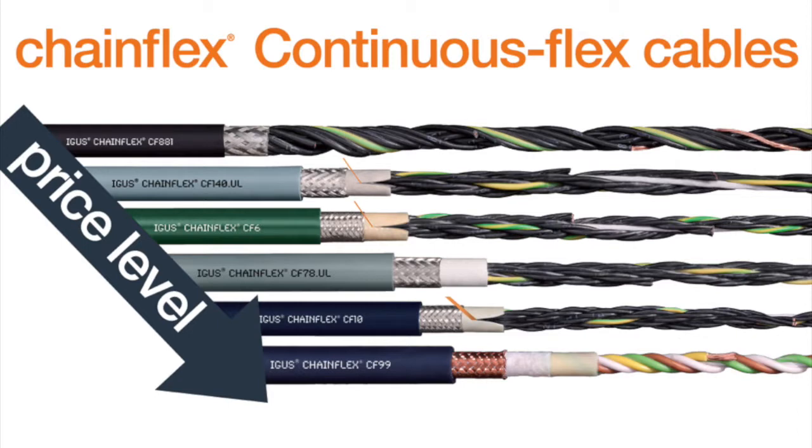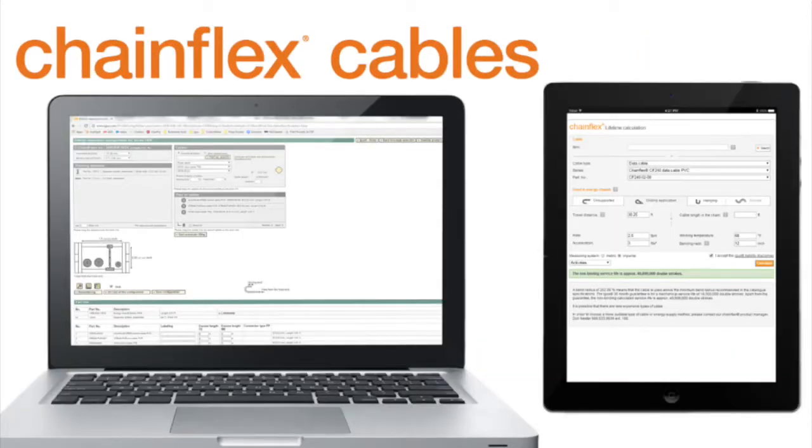This comes from our 7 different jacket options, where we have 7 different jacket materials that we make our cables with, and those correlate very closely to many different price points so that we can find the exact cable solution for your specific need without overpaying for an over-designed or over-engineered cable, even though we can cover the most demanding applications in the world. We also have the ability to harness cables inside a cable carrier system if you so choose. We also have several online tools available if you wish to do it yourself.